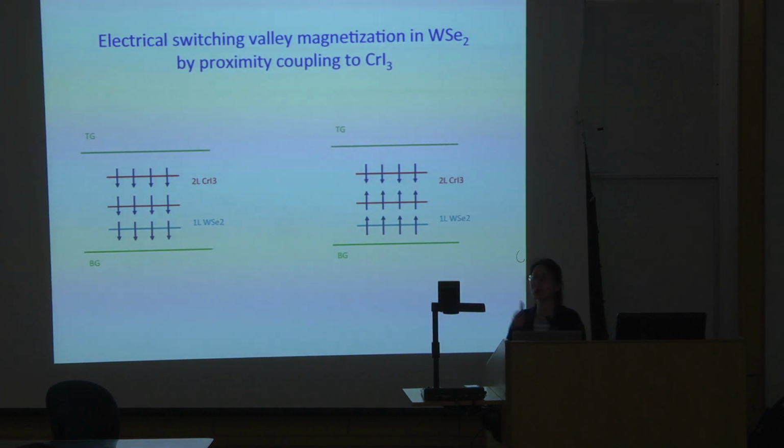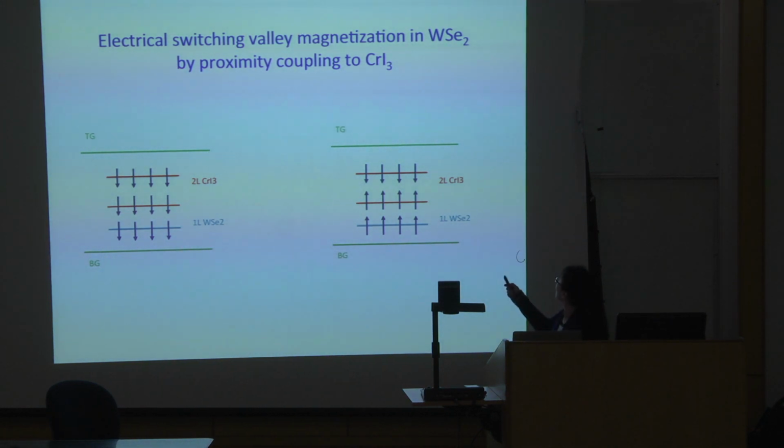So I want to close the loop. I talked about controlling the valley magnetization in molybdenum disulfide, or in those transition metal chalcogenides. I talked about using gate voltage to switch magnetization in bilayer chromium triiodide.